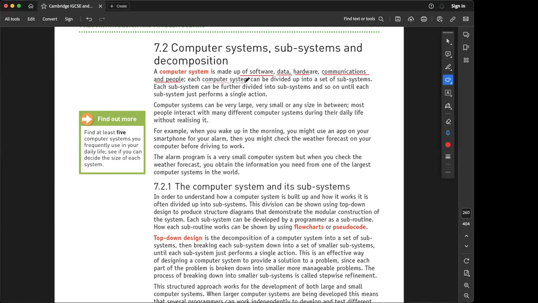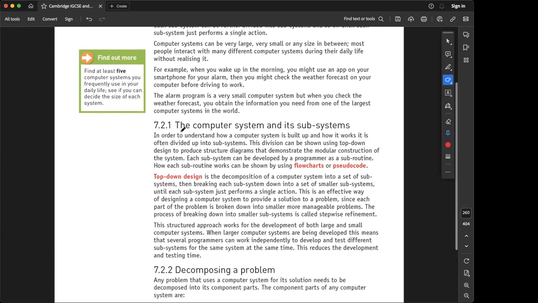Every computer system can be divided into a set of subsystems. I already taught you about subsystems, so I'm moving on to the topic of subsystems. We are going to break down our problem into a set of subsystems. So again, the same topic is decomposition. That is the reason I taught you the same thing before.